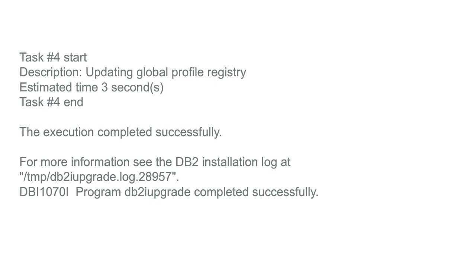So basically task 4 is the ending, and "the execution has completed successfully" is a message you'll get. And if you want to look at more information, or if you have an error of some sort, this is the log that it creates over in temp.